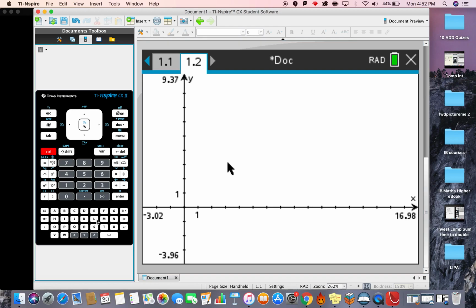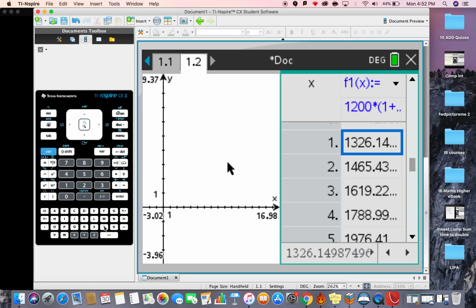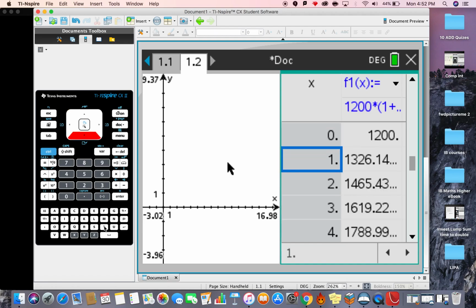If you do Control T, you can get the table of values. Let's think about what this table of values is. These values of x are the interest rate. So if R, the interest rate, is 0, then the final value, the y value, is going to be 1200, which is the same as your present value. If you get no interest, obviously your investment doesn't grow at all.